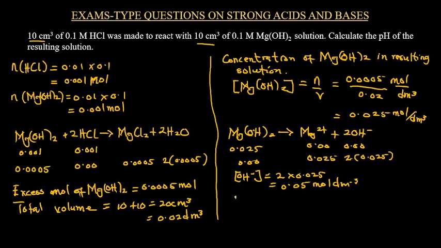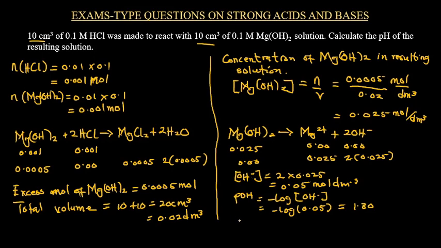All right, now pOH we know is equal to negative log of OH minus concentration, right? And so we can say that negative log of 0.05 will give us 1.30. Okay, but then this is not what we are interested in.